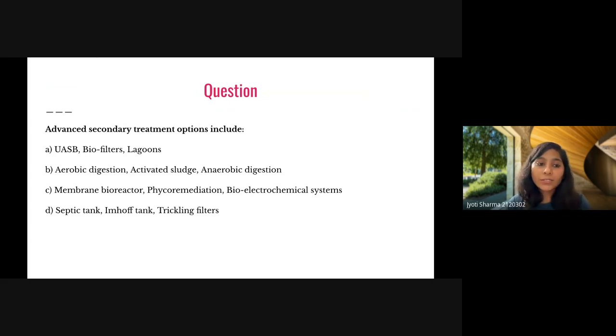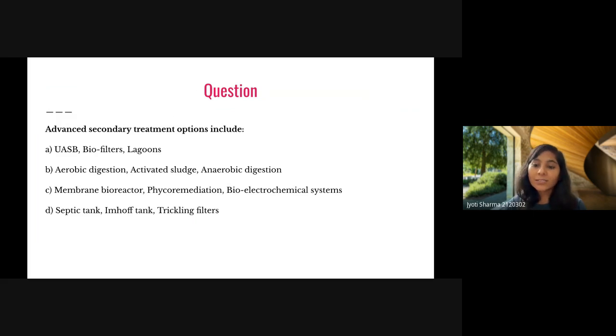Okay, so the next question is, advanced secondary treatment options include: UASB, biofilter and lagoons; aerobic digestion, activated sludge, anaerobic digestion; C option is membrane biofilter, remediation, bioelectrochemical system; septic tank, Imhoff tank, and trickling filter.